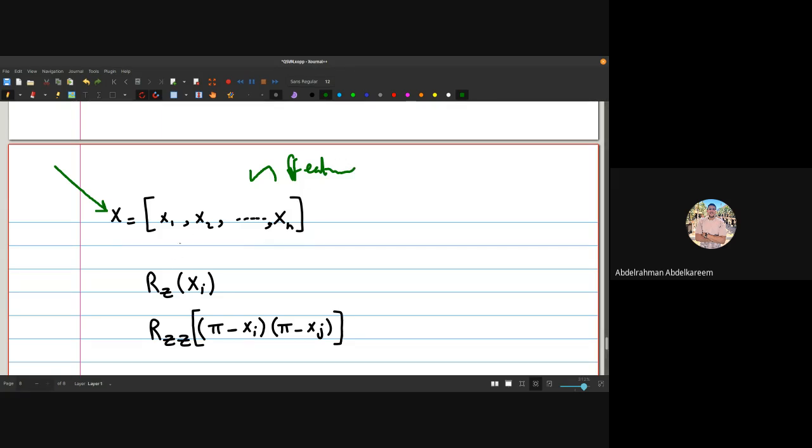Then for each value in this data row, I will input it directly into the rotation in Z basis. If you remember, in our previous session, for the angle encoding with Rx and Ry, the first thing to do is to map the data into negative pi and pi.